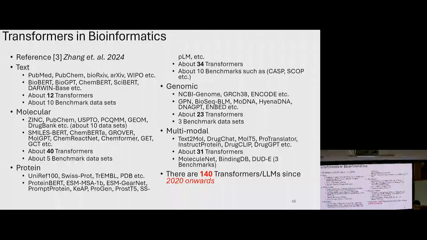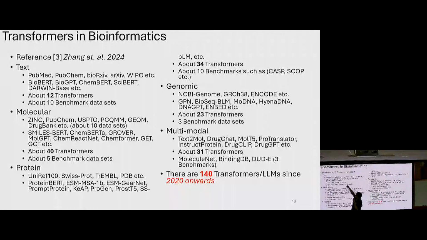So does it learn anything? The answer is yes. It learns the structural representation of the data. It learns the semantics of the data. So if you see the text, the sources on which these transformers are trained were PubMed, PubChem, bioRxiv, arXiv, WIPO, and so on.